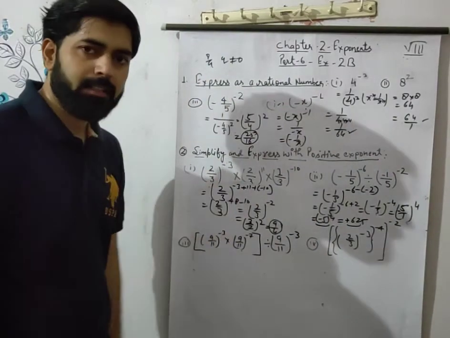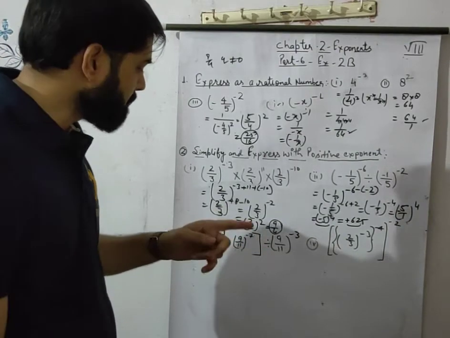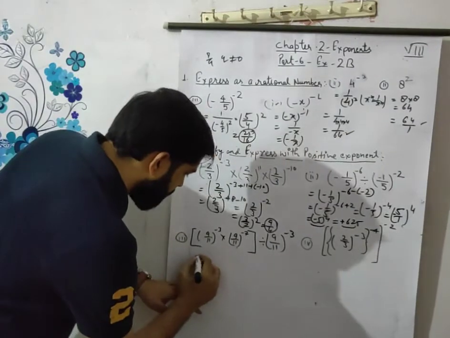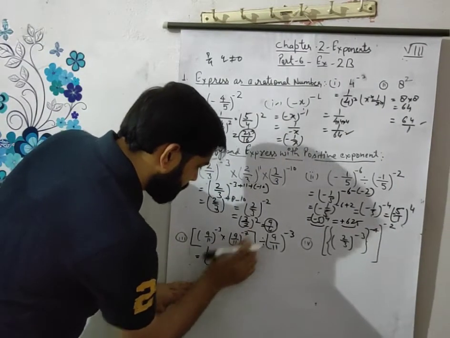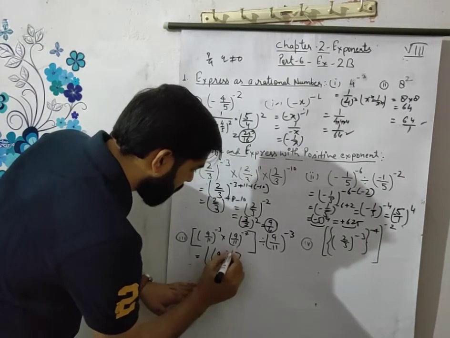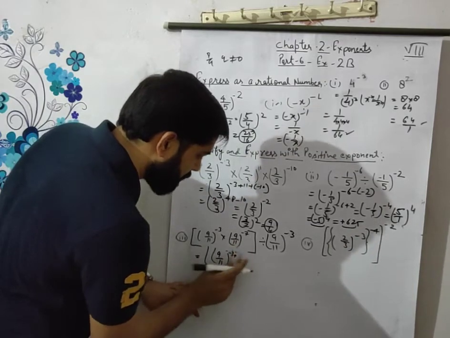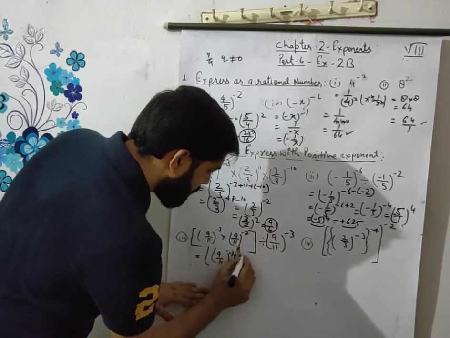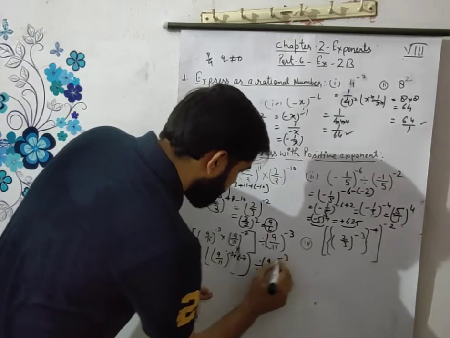Here is multiplication with the same base, and you know when powers are multiplied with the same base, we add the powers. So 9 upon 11 raised to the power minus 3 plus minus 7, then the bracket divided by 9 upon 11 raised to the power minus 3.